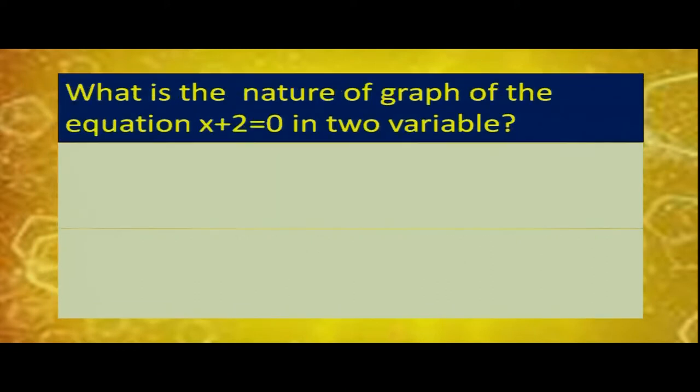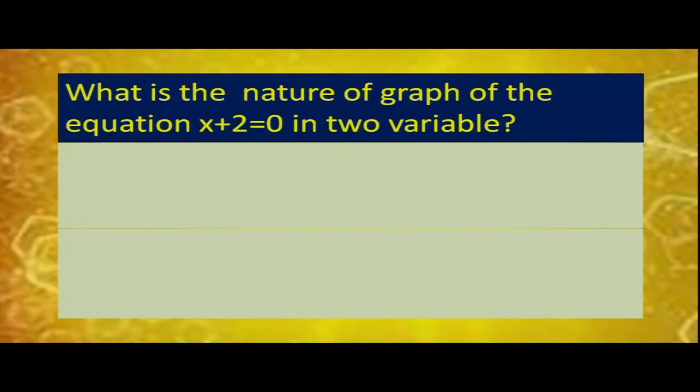What is the nature of the graph of the equation x + 2 = 0 in two variables? In the last question, we studied the nature of the graph of x - 2 = 0. Now let's study the nature of the graph of the equation x + 2 = 0 in two variables.